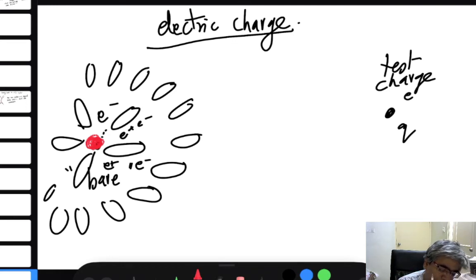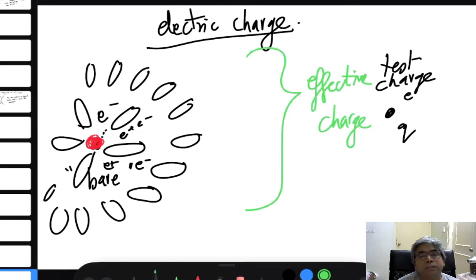Now, what this test charge will see is a total effective charge. This test charge will see an effective charge of this bare charge, this red dot, the original electron, together with all these electron-positron pairs sitting here.